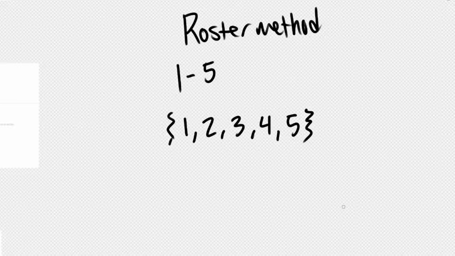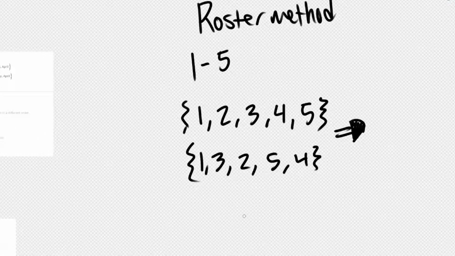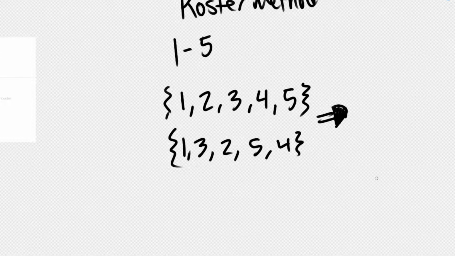When we have sets, the order of the items in the list does not matter. So if you had 1, 3, 2, 5, 4, these two sets are equal. When two sets have the same number of elements, they are equivalent.